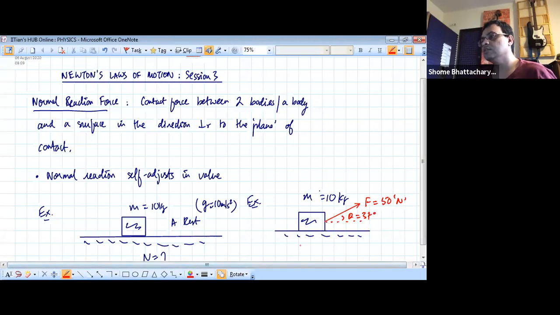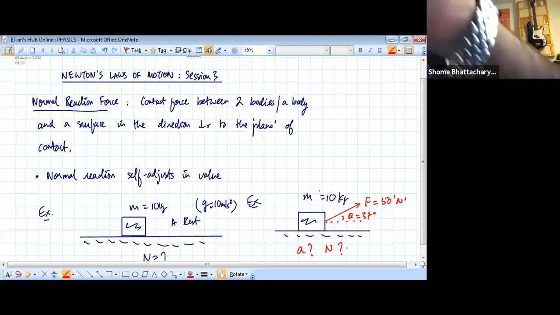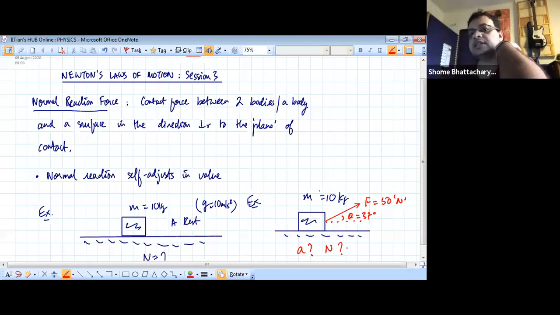In this case, what is the acceleration of the block and what is the normal reaction acting? So let's start with a quick discussion of this second example. We'll come to the discussion of assignment 1 very soon, after discussing a few examples like this on the normal reaction concept.